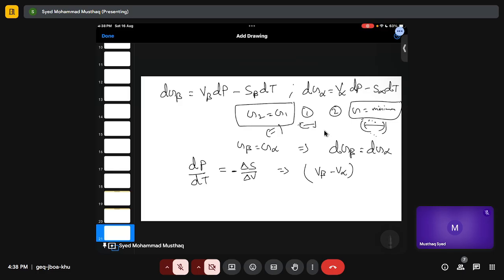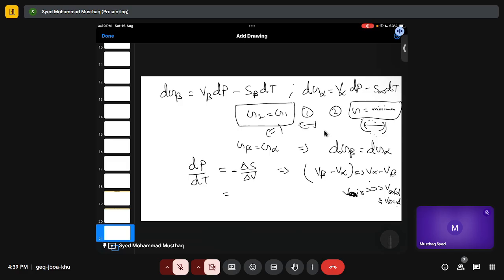So if you take out the minus, it will be V alpha minus V beta. Now we know the volume of air is very much greater than the volume of solids or liquids, because the atoms are very far apart in air when compared to solids and liquids.